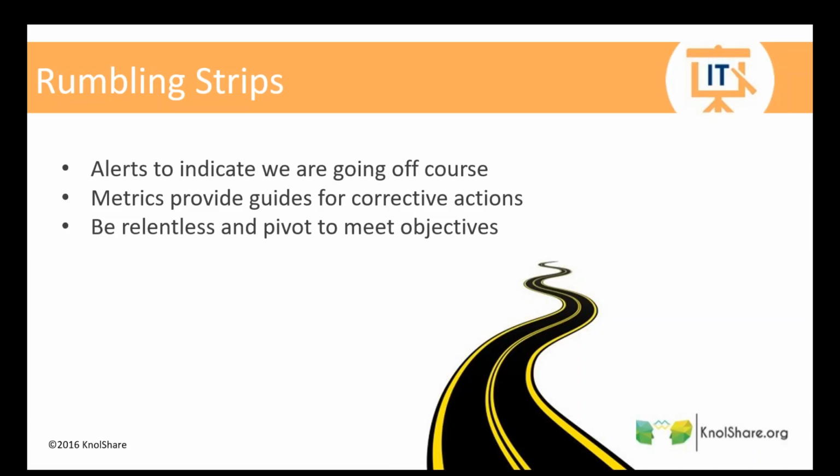So be relentless and pivot to meet the objective as needed based on what the metrics are telling you. And be fearless and stay the course in adversity, because building new products and making strategic goals come to fruition is not easy. This is hard work, and we have to get things done.